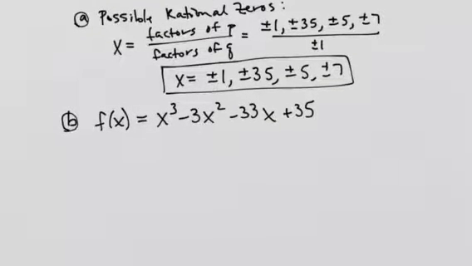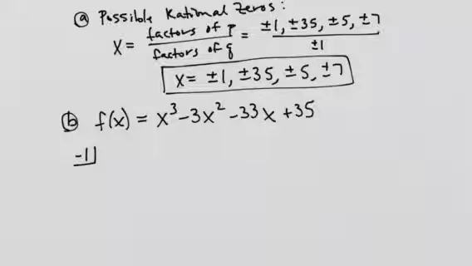What we learned prior to now is that if we do synthetic division and we get a remainder of 0, then we know that we have a factor of the polynomial. And part C in this problem has asked us to factor completely into linear factors. So what we'll do is choose one of these possibilities, test it out, and see if it gives us a 0. For instance, we could choose the number in the list negative 1.